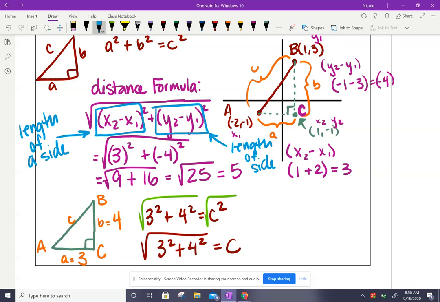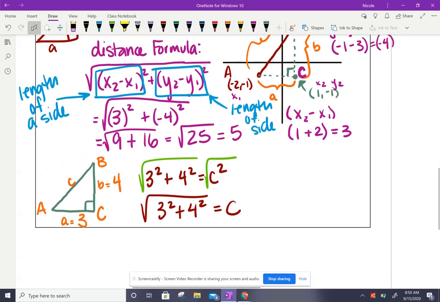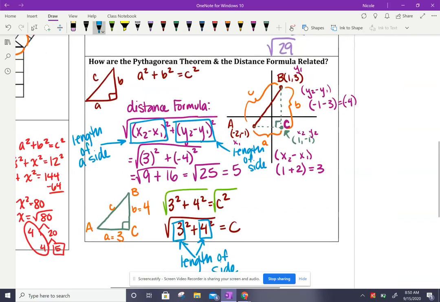So even though subtraction is happening in the distance formula, that subtraction is just finding the value of the side length of our triangle. If we are just given a triangle, we already know that side length. We're not having to subtract at all because we're not using coordinates. It's just given to us as a measurement. So there is this correlation and relationship to our, see, these are our lengths of sides as well. There we go. There is a correlation or relationship between the Pythagorean theorem and the distance formula.